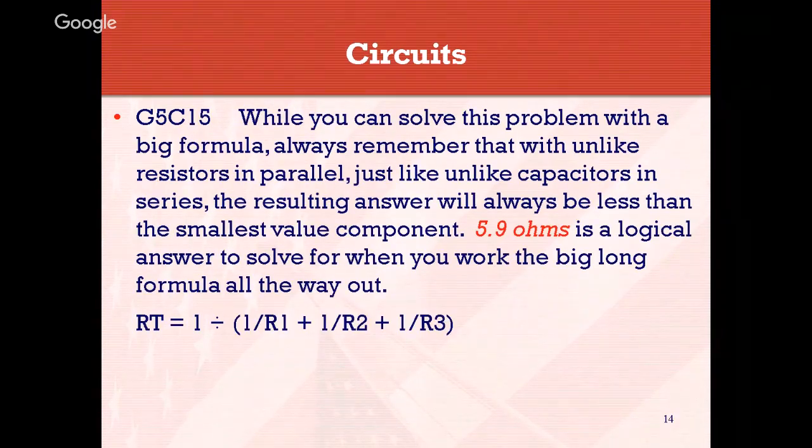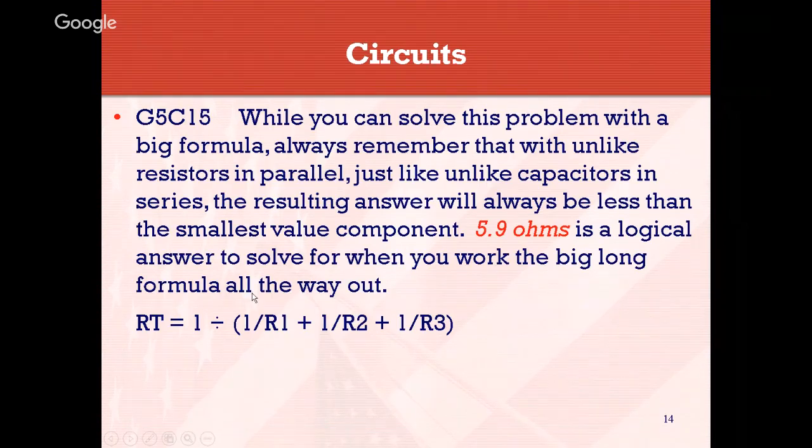While you can solve this particular problem there in G, which one is it? G5C15 is asking you the total resistance of a 10 ohm, 20 ohm, and 50 ohm resistor connected in parallel. The formula is very simple here. If you want the total resistance, you're going to take the reciprocal of each value and then add those together, and you're going to come up with the total resistance.